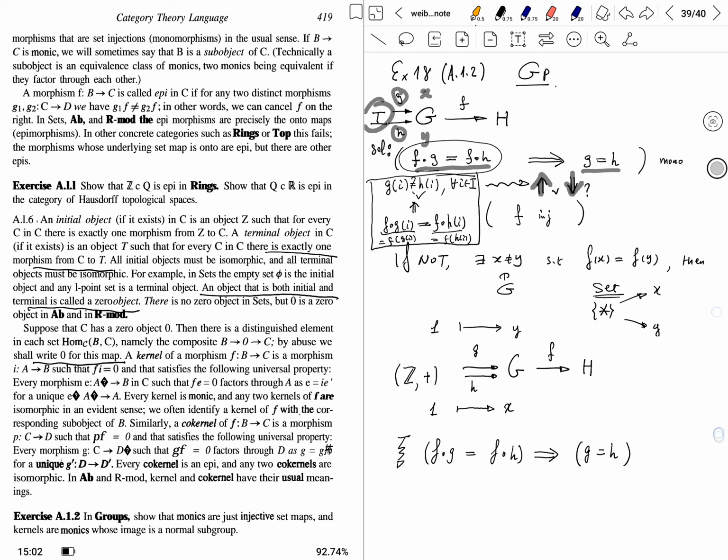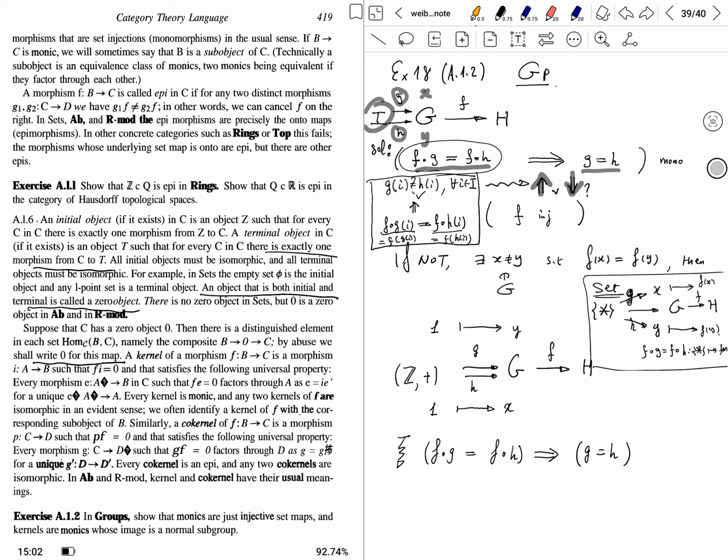Then F maps both x and y to the same point because Fx equals Fy. Although G and H are different maps, F composed with G and F composed with H are the same: both are the map which sends the unique point to Fx.